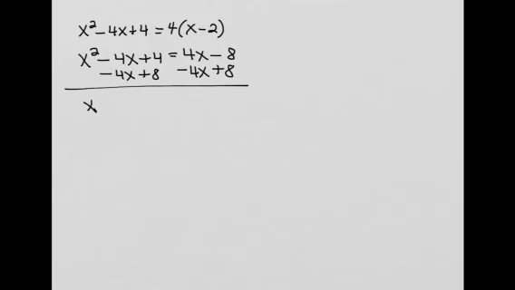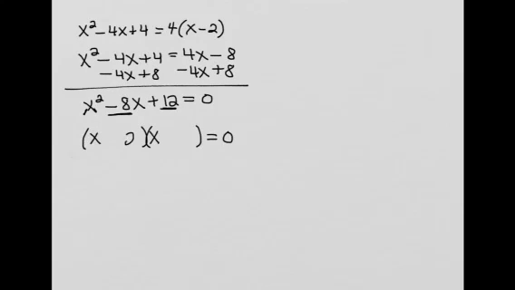Now I have x squared minus 8x plus 12 equals 0. Okay, so x squared minus 8x plus 12, that's pretty easily factorable. And I factor the x's. I have x and x. And 12, we need two numbers that multiply to make 12, and they need to add to make a negative 8.